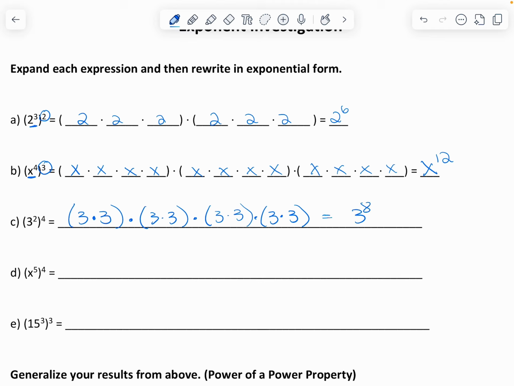This one says inside I'm going to multiply 5 x's, and I'm going to do that 4 times. 1, 2, 3, 4, 5. 1, 2, 3, 4, 5.